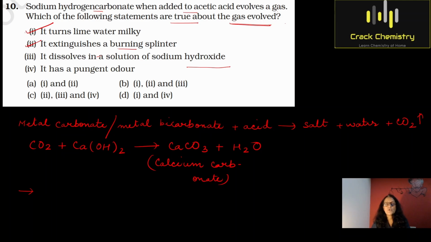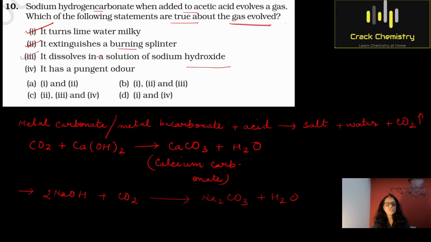So I am going to write the reaction involved here. NaOH plus CO2. Products formed will be sodium carbonate plus water. It's a neutralization reaction. So two molecules of sodium hydroxide will take part here. The product formed will be Na2CO3 plus H2O. So option third is also a correct option.